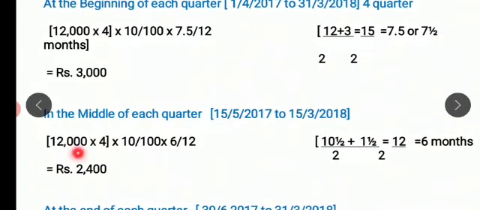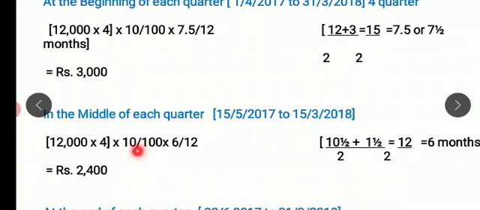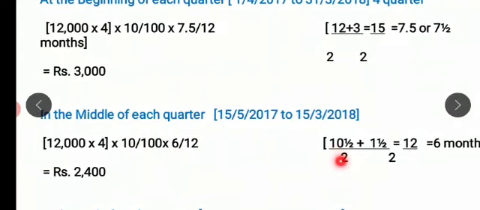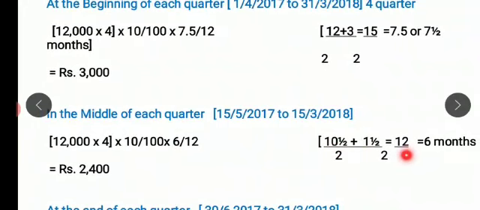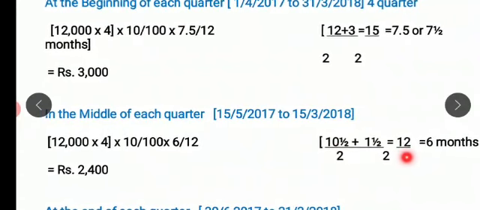So I will have 12,000 into 4, then 10% into 6 by 12. How is it? 10 and a half plus 1 and a half, because it is the middle of the quarter.